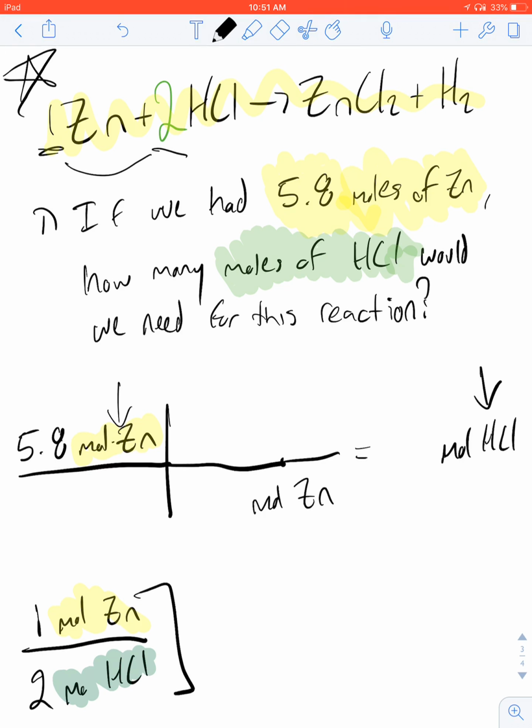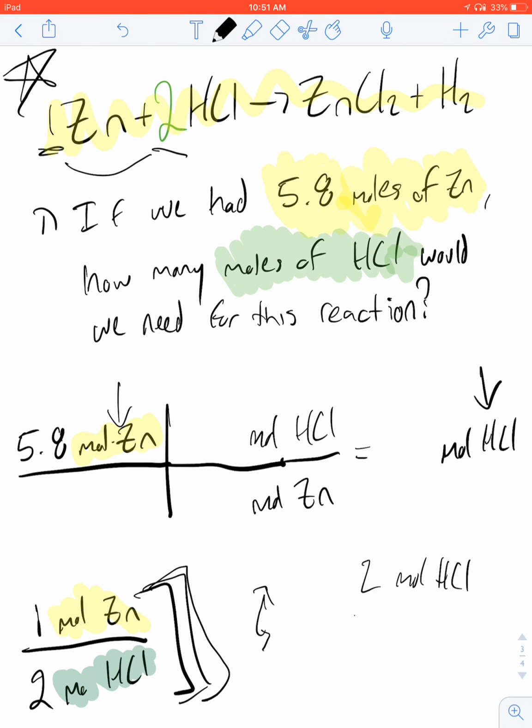So that means in our conversion factor, I need moles of HCl in the numerator. So instead of writing our mole ratio this way, we're going to use the flipped version. So flipping that over, we have 2 moles of HCl over 1 mole of zinc. Just keeping that color coded there for us.